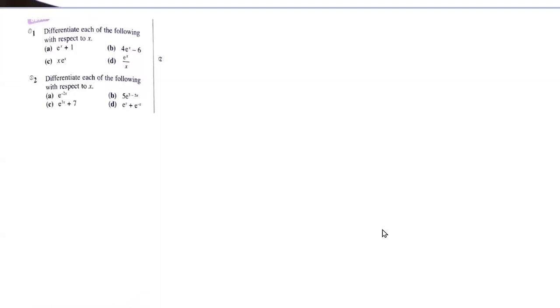Maybe I'll put it at the side. I'll copy it. Okay, can you see? Yes. This is exercise 17.2, right?